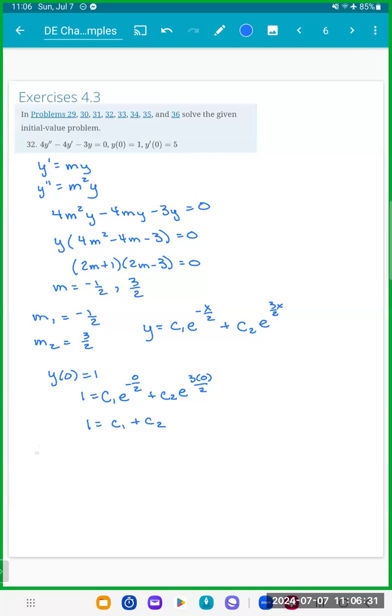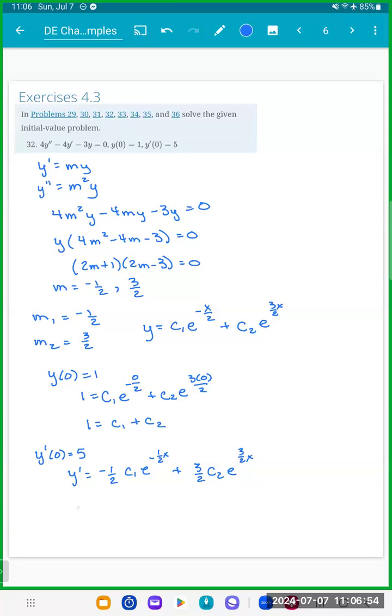We were also given that y prime of 0 equals 5. Okay, so first, what is our y prime? Y prime is going to be negative 1/2 C1 e to the negative 1/2 x plus 3/2 C2 e to the 3/2 x.